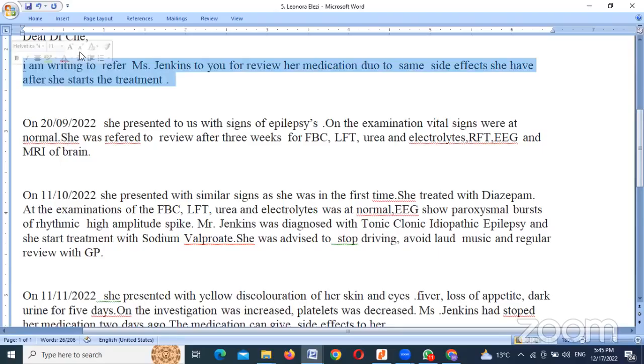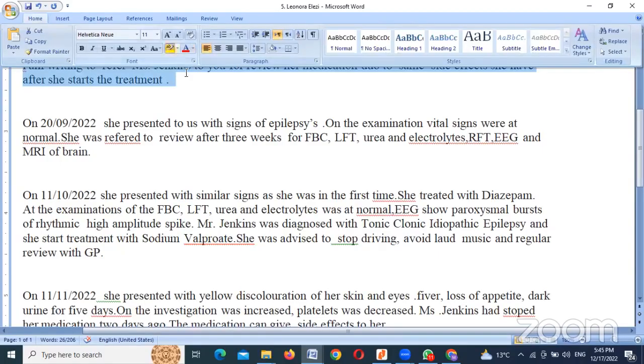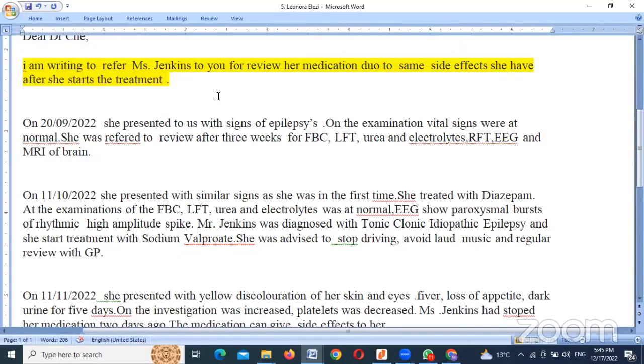Do you think, from reading this purpose, that this student is new to OET or an old student? What do you think? Looks new, yeah.